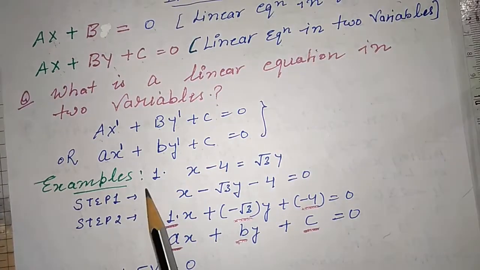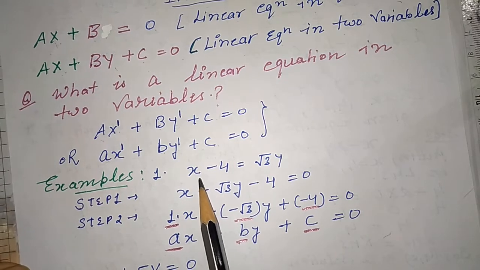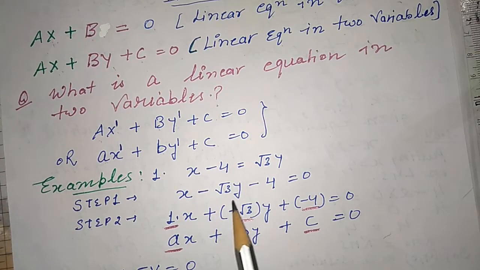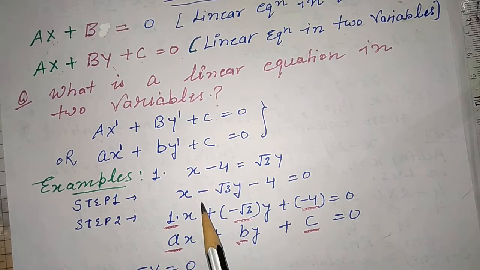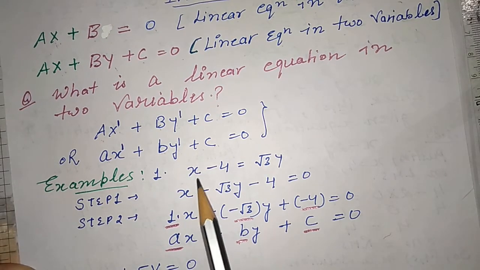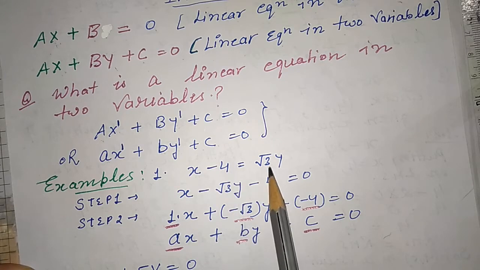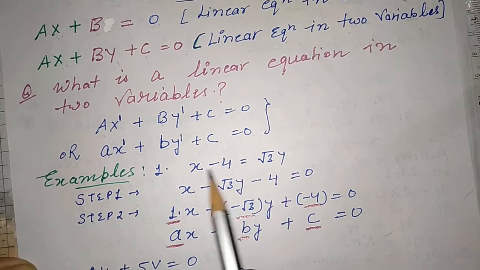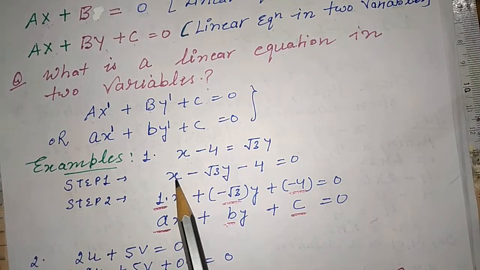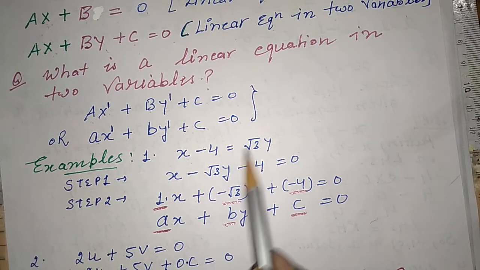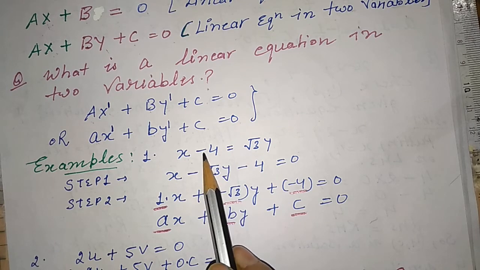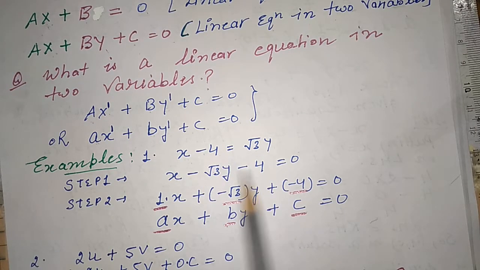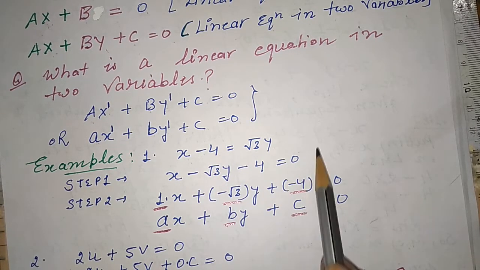Now see, an example is given here. We have to check whether this is a linear equation in two variables or not. We are writing x minus 4 is equal to root 3 y, so we will transpose root 3 y to the left side. The sign will change: x minus root 3 y minus 4 is equal to 0.